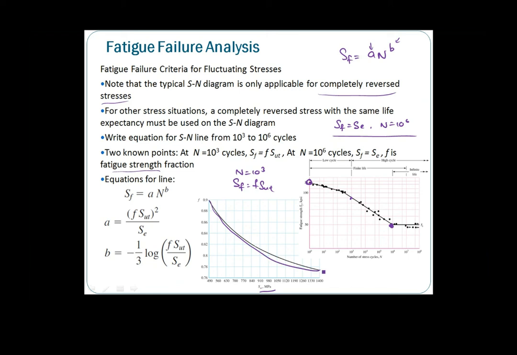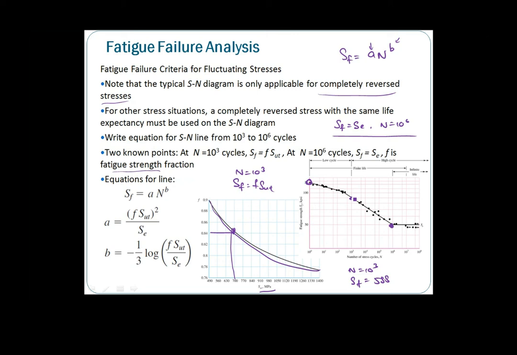So if I have an ultimate strength of 700, then I know that my f is around 0.84. So fatigue will happen for N equals 10 power 3 at Sf of probably 0.84 times 700, which is 588. Meaning at 588, I have a fatigue happening at 10 power 3 cycles.